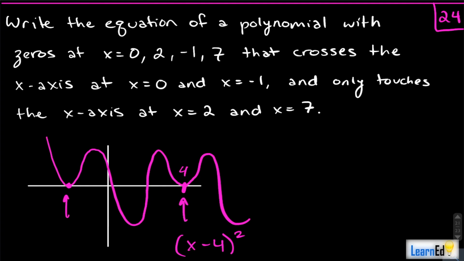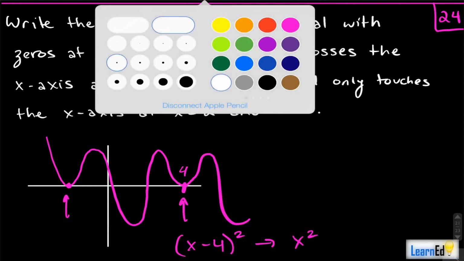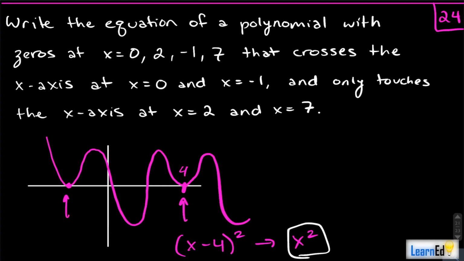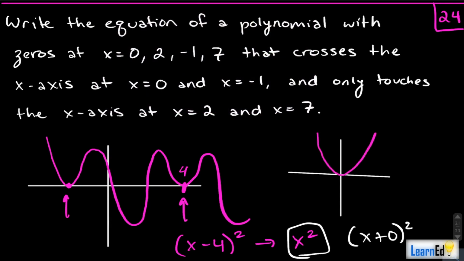We can think of x squared, that equation, y equals x squared. X has a multiplicity of 2 here, and you can think of this as x plus 0 squared. So you can kind of think of it in this form, right? And when you graph this equation, you don't get something going through the x-axis, it just touches it, right? And you will only get 1 zero, which is at x equals 0. Okay, so that's the idea here.